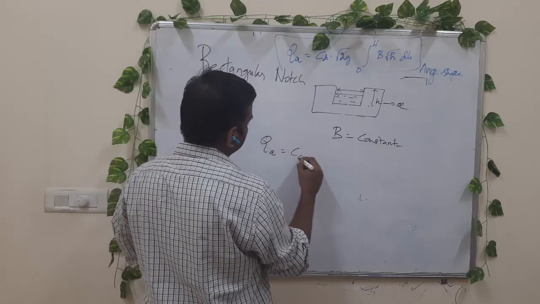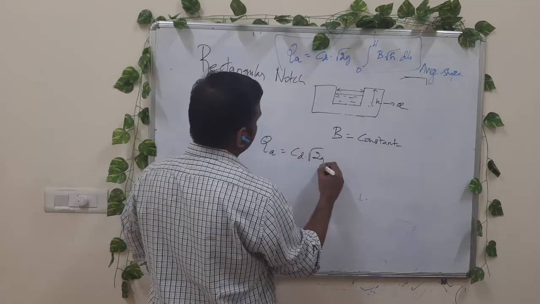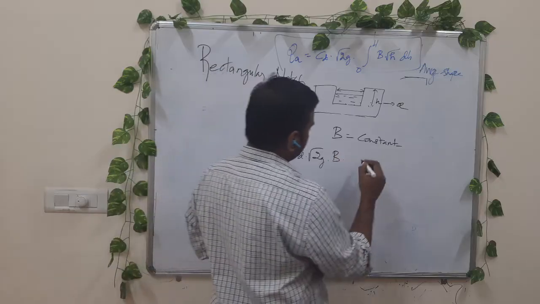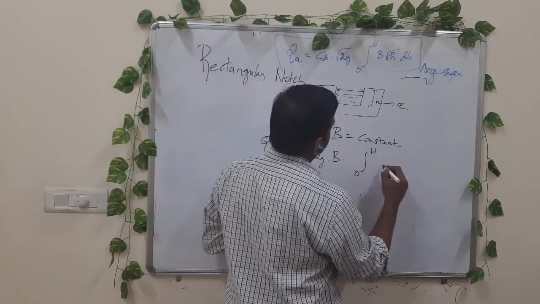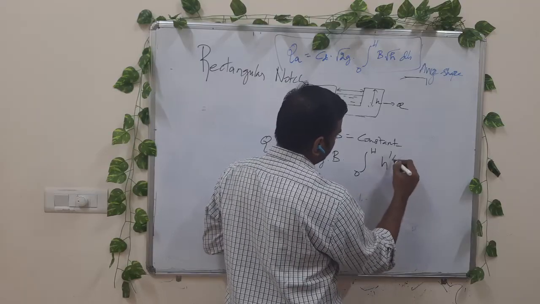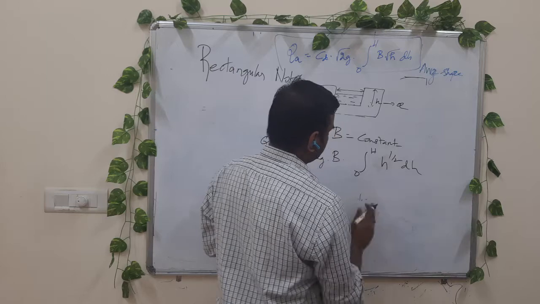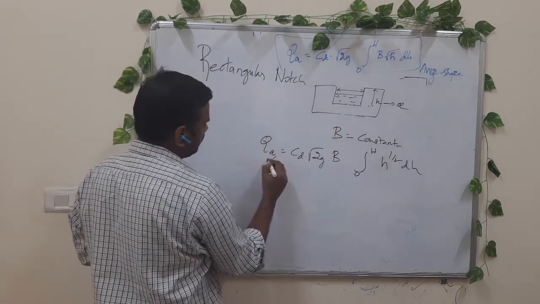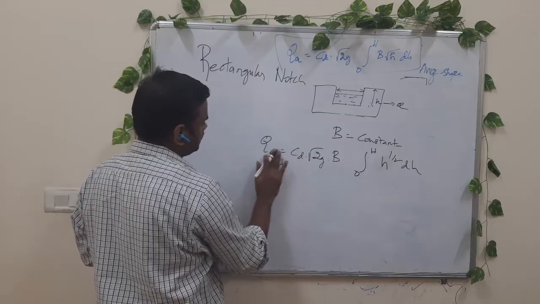Qa is equal to Cd into square root of 2g. B also comes out, which is the width. Then you have 0 to H of square root of h, which I can write as h power half, dh. So this is the expression for a rectangular notch.